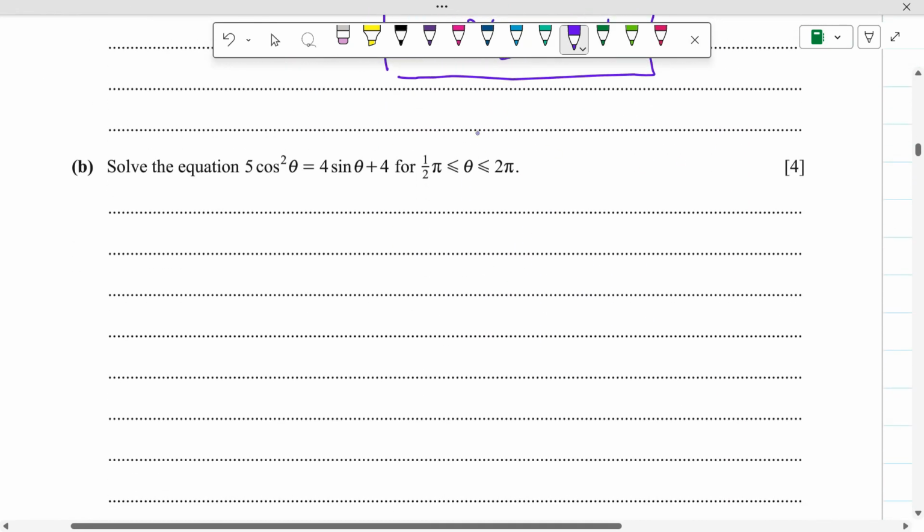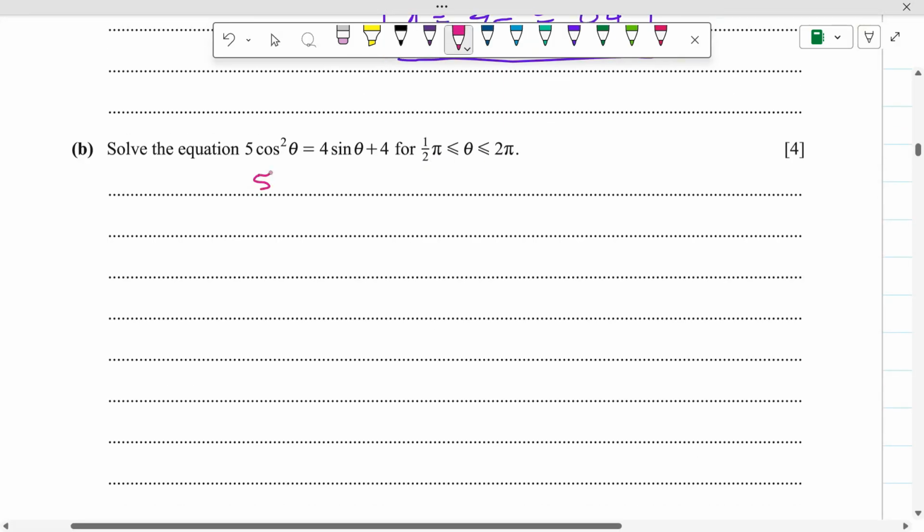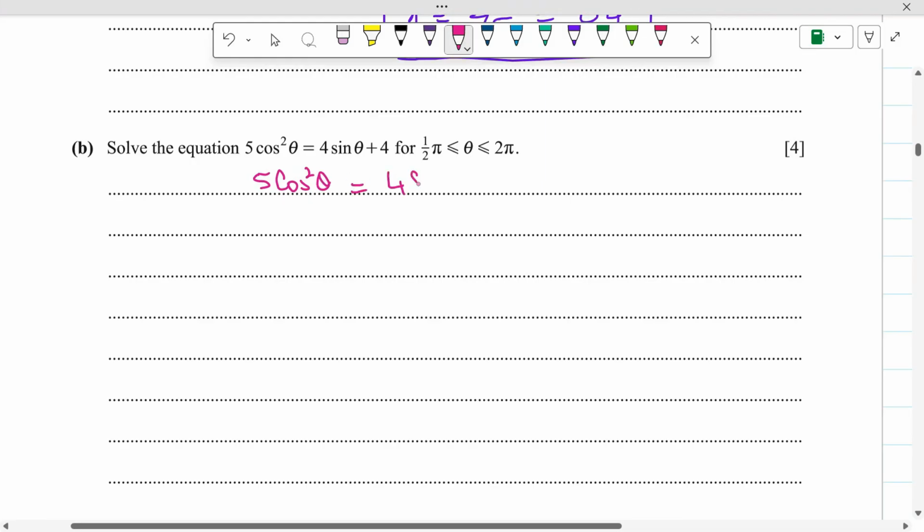Now part B, solve the equation 5 cos square theta is equal to 4 sin theta plus 4, where theta is less than or equal to 2 pi and greater than or equal to pi by 2. We have 5 cos square theta is equal to 4 sin of theta plus 4.